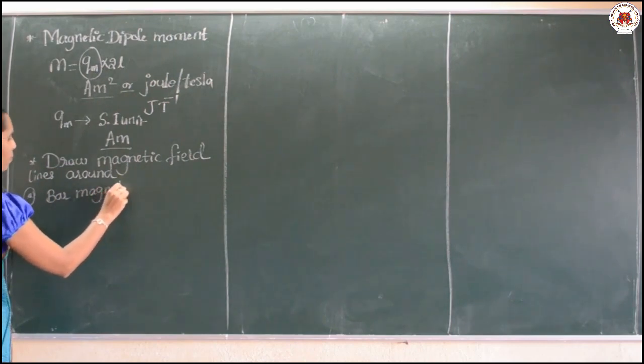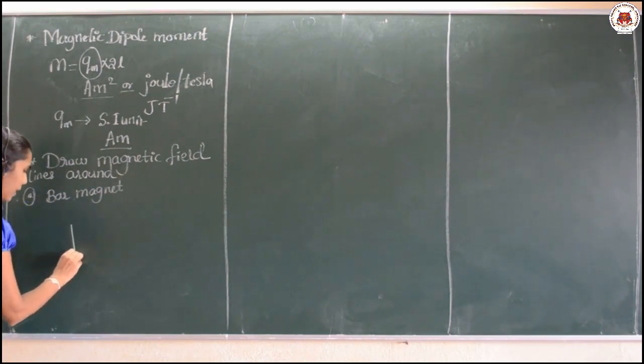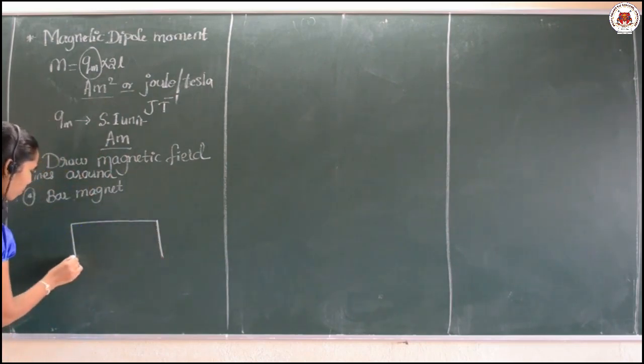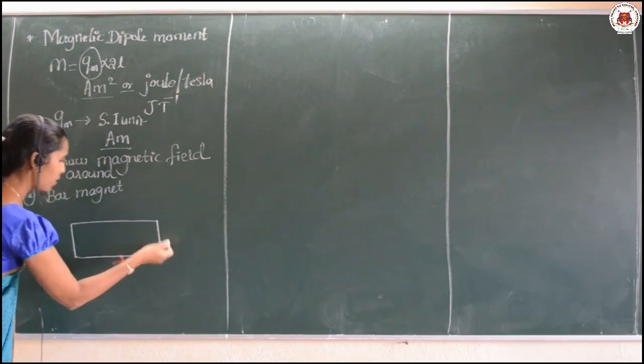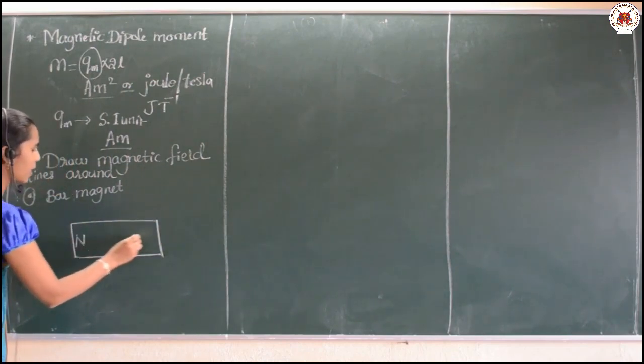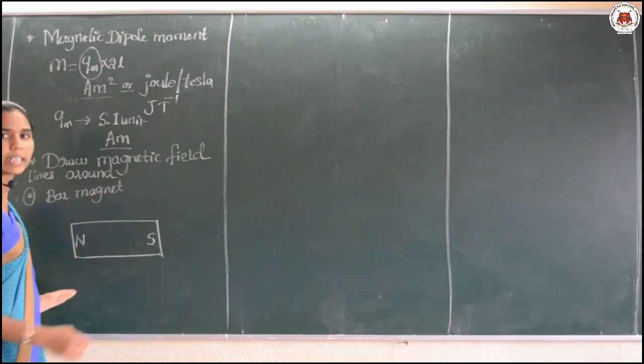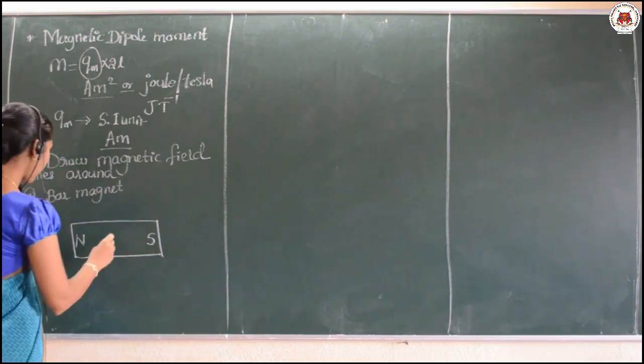How will it be? I think I have already shown this in the previous video, no problem, we can see one more time. This is a bar magnet, take it as north and south pole. You can keep it in a vertical direction also, no problem, right?